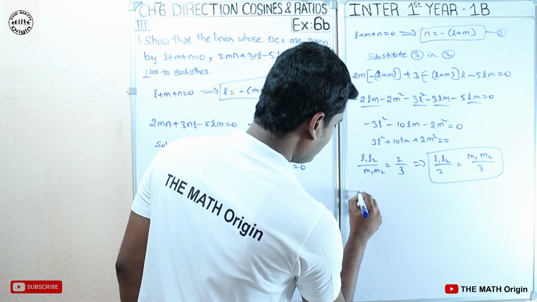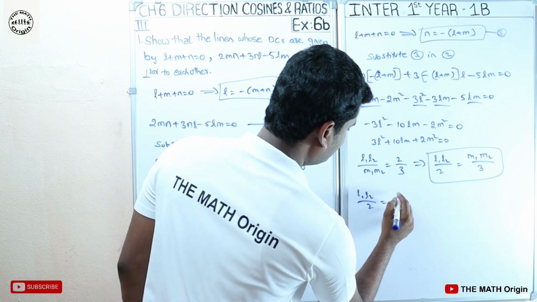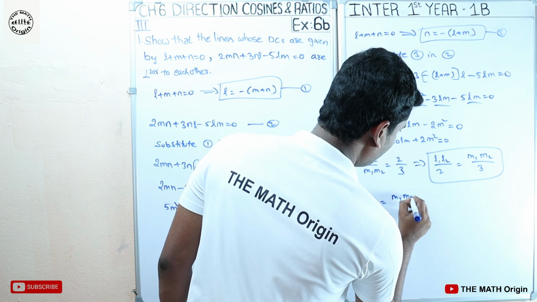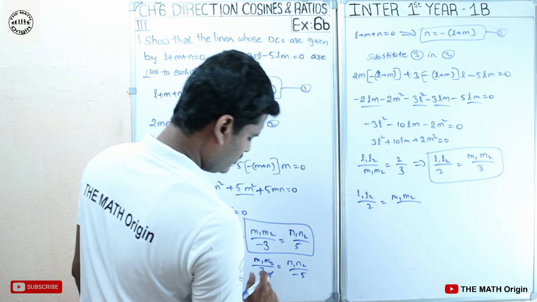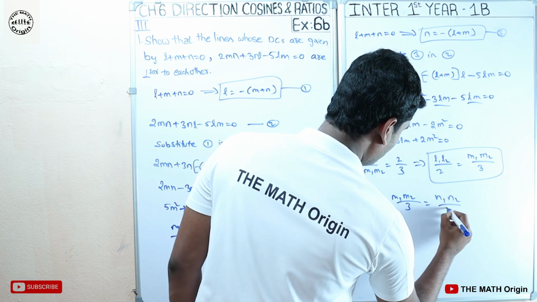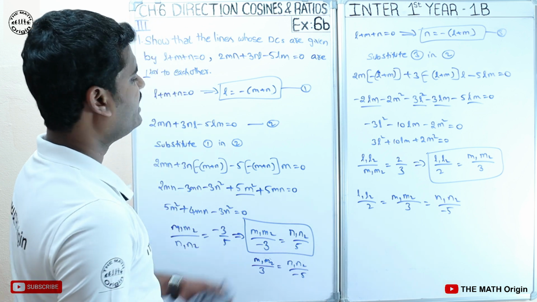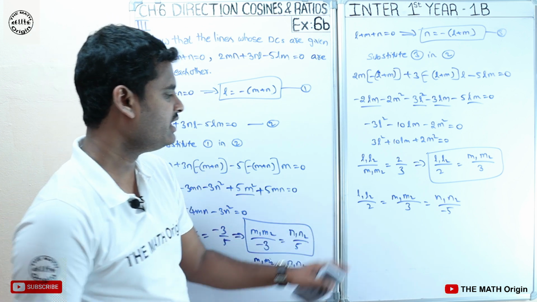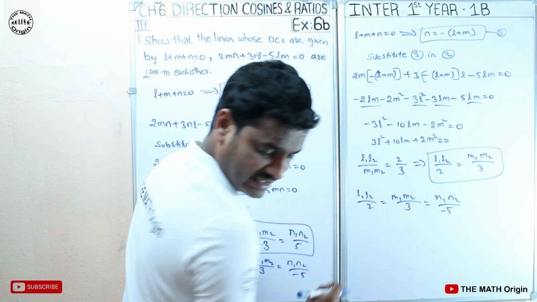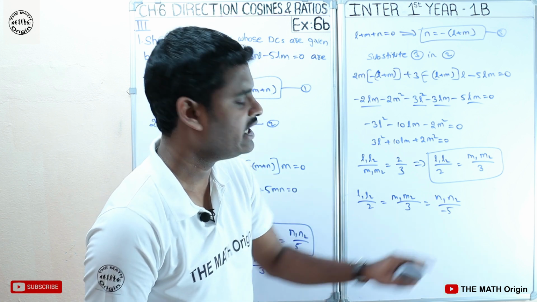So L1 L2 by 2 equals m1 m2 by 3 equals n1 n2 by minus 5. Now these are called L1 L2, m1 m2, n1 n2.